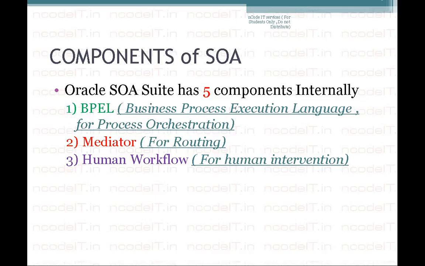Then human workflow is a third component that a SOA developer uses inside a composite. A human workflow is inserted into a composite if we require some kind of approvals. Let's say you are submitting a loan application. If you are asking for a small amount, probably it goes through an automated process.